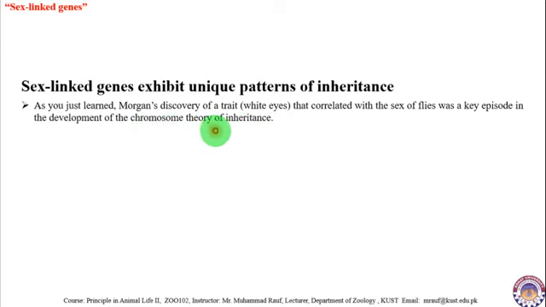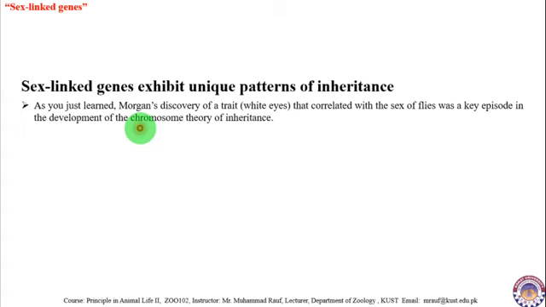The chromosome theory of inheritance was presented by Walter Sutton and Theodore Boveri. In that theory, they hypothesized that the Mendelian hereditary factors may be located on the chromosomes because the behavior of the chromosomes during meiosis is similar to the behavior of Mendelian factors.